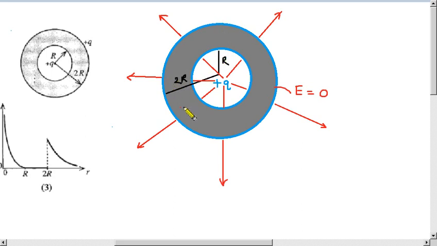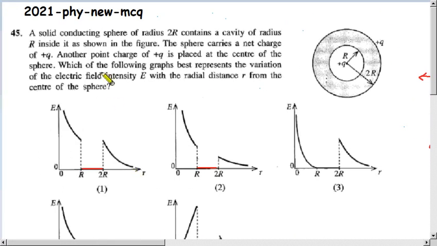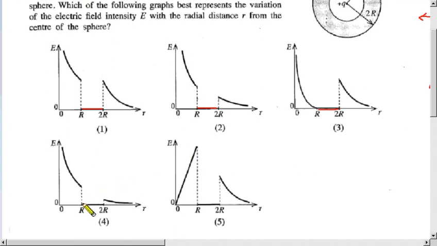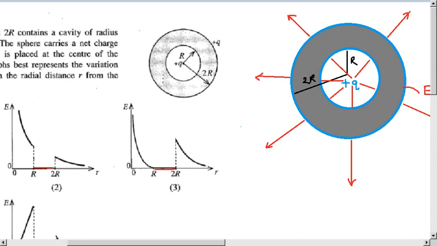So in between r and 2r there is this metal or conducting material, and therefore the electric field intensity should be 0. In every graph they have shown it correctly. So using that knowledge we can't select the answer, because every graph has it.